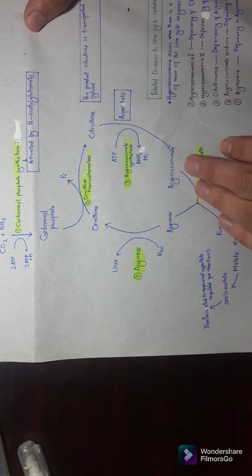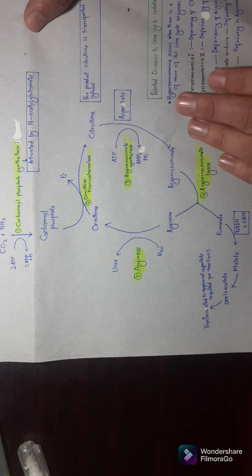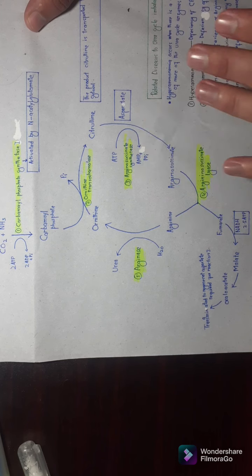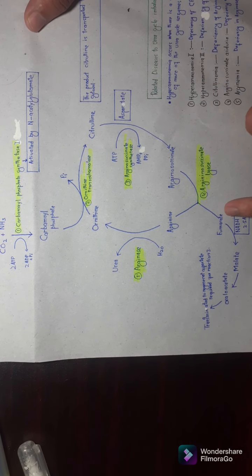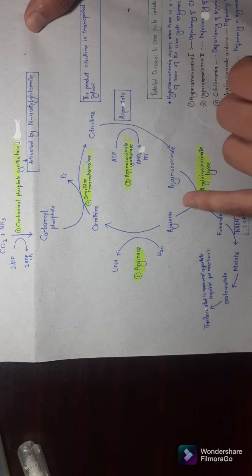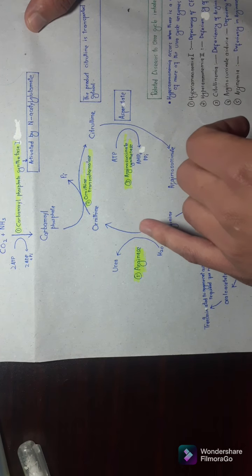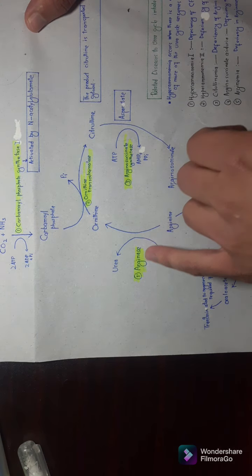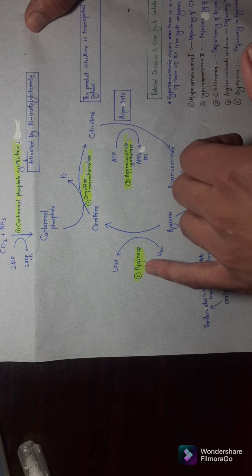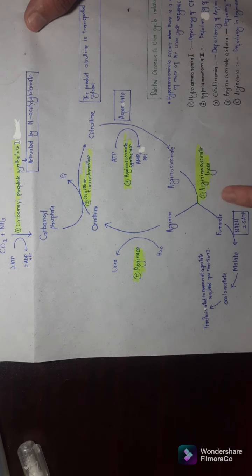From argininosuccinate, there are two products. The one is arginine and the other is fumarate. And here the enzyme argininosuccinate lyase is used. So arginine, when it reacts with water, produces urea and ornithine by an enzyme which is known as arginase.